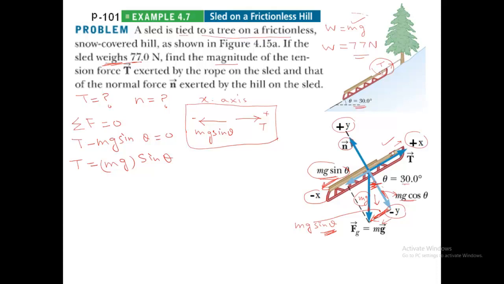So 77 sine theta, with sine 30 degrees, you would get 38.5 Newton. So this is your tension.